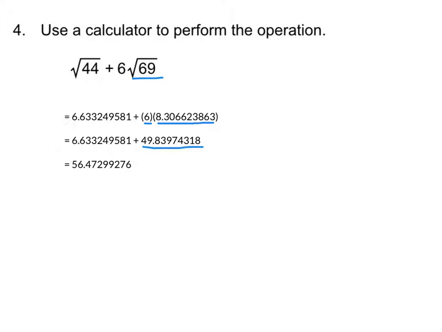Now I have a decimal of 56.47299276. And I want to round this decimal to 2 decimal places. So I'm going to look at the third decimal place, which is a 2. And since 2 is less than 5, that means I keep the 7 as is. So my rounded answer is 56.47.